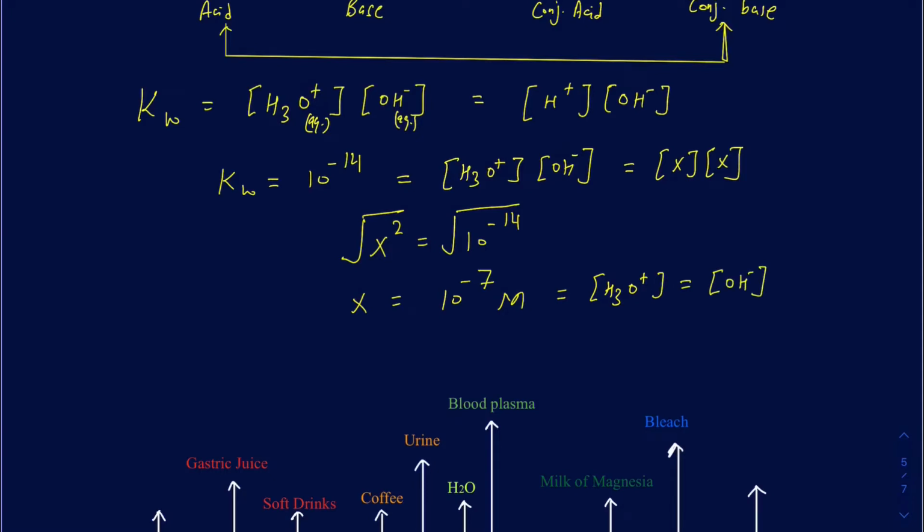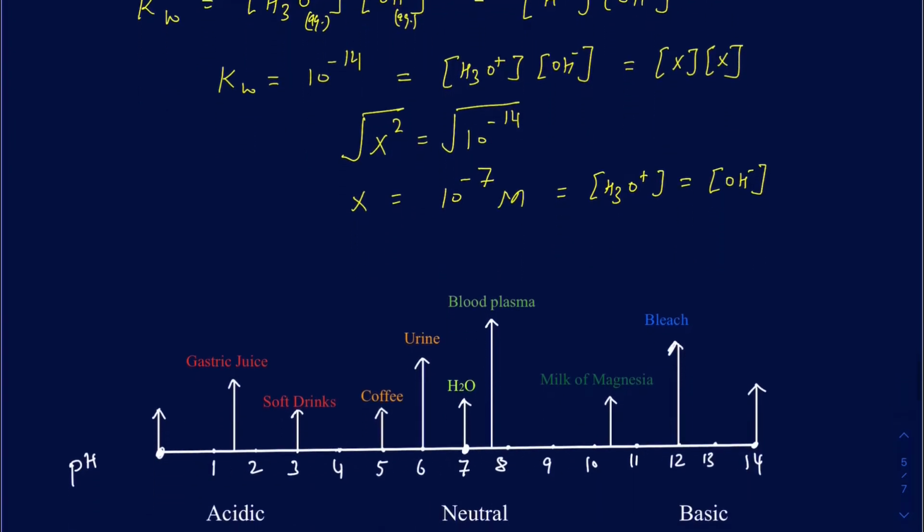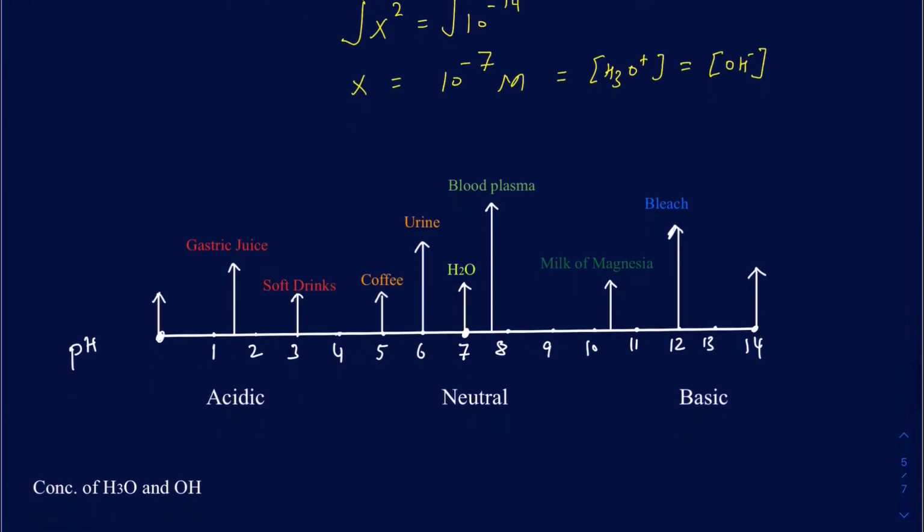Anytime you have the concentration of these two ions at 10 to the minus 7, we are sitting at neutral conditions, or another way of saying, we are sitting in pure water. So this is where the pH scale comes in. I'm pretty sure a lot of you are familiar with how that works.